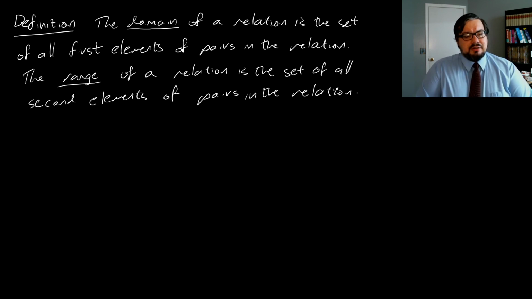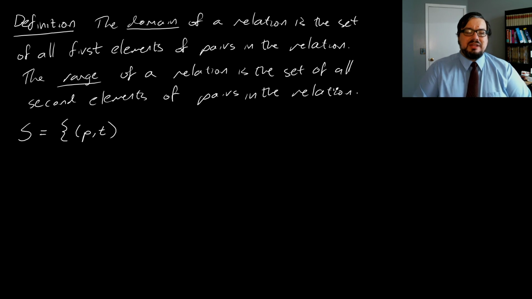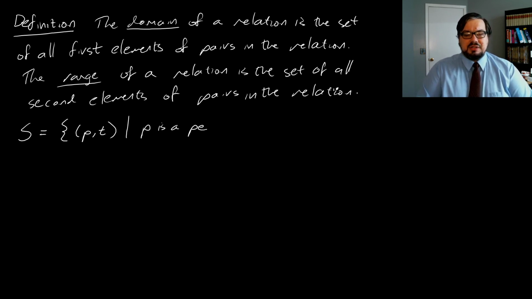So let's consider the following relation, which I'll call S. And S is going to be the set of all pairs P and T, where P is a person and T is a TV show that P likes.